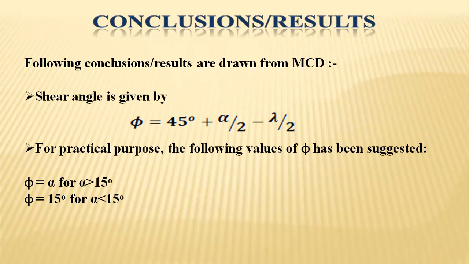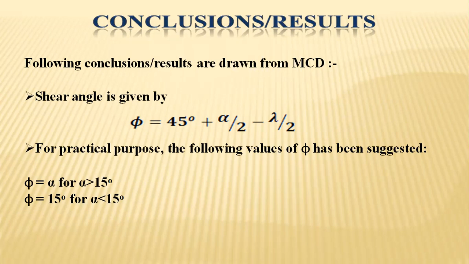For that purpose, alpha should be greater than 15 degrees if phi is equal to alpha. And if phi is equal to only 50 degrees, alpha must be less than 50 degrees. So these are the two different conditions that need to be examined.